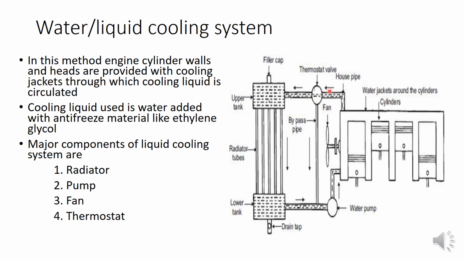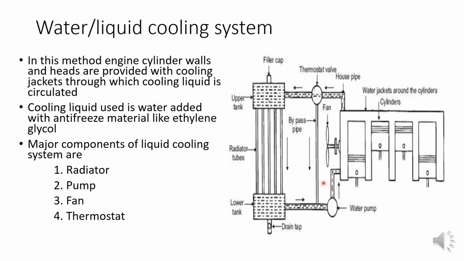So you can see the water will be continuously circulated in this direction. You can see the arrow. So first the cold water is entering the engine cylinder jackets. So it will absorb heat from the engine. Now when it reaches here, it will become hot water.